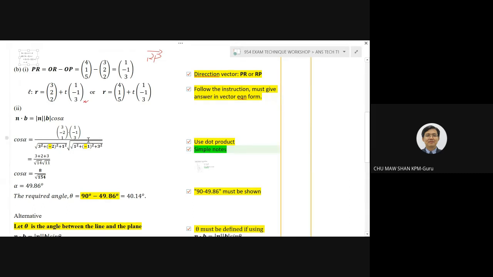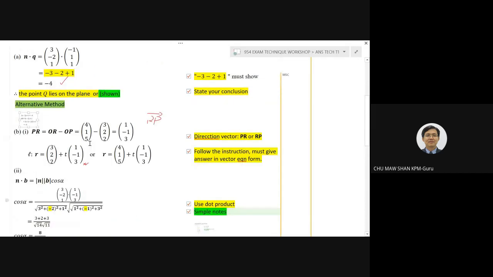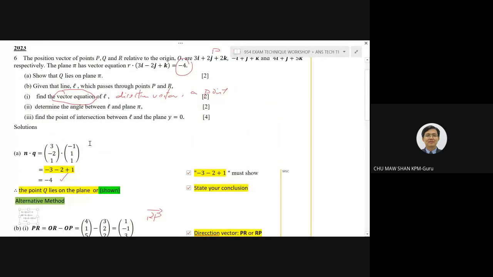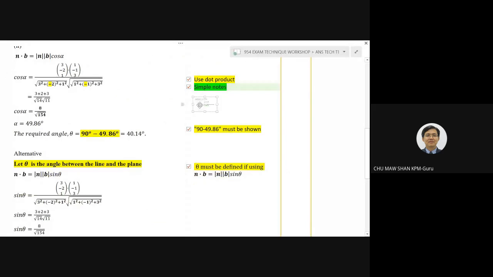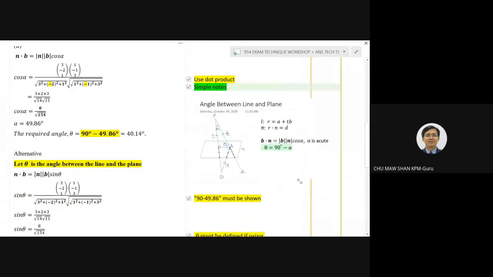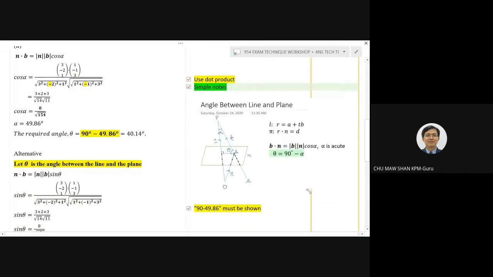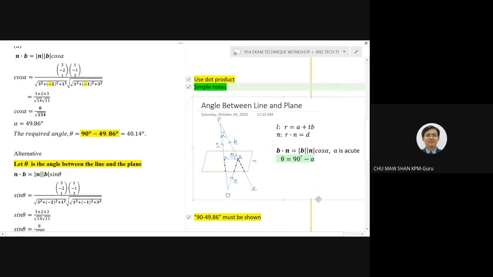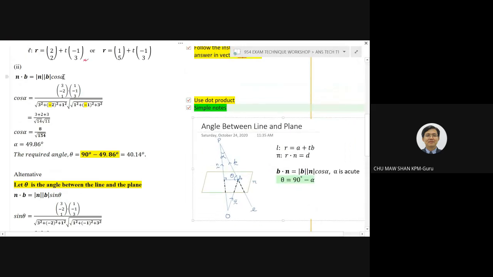It's not yet the angle between the line and the plane. If you look at the diagram here, when we apply this formula, the alpha we get is this one only. But the angle we want is this theta.